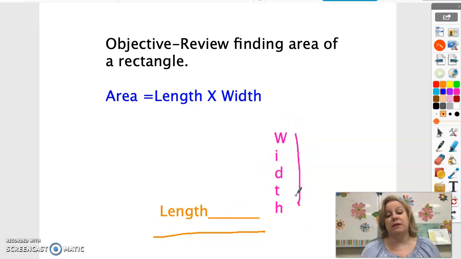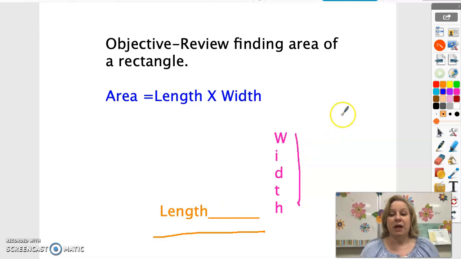So that's our length and our width, and we just multiply whatever our measurement for length is and whatever our measurement for width is. And then we always want to have our answer in squared, because remember, we're putting those squares on that shape.